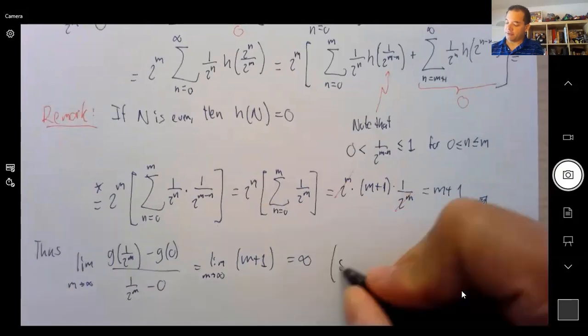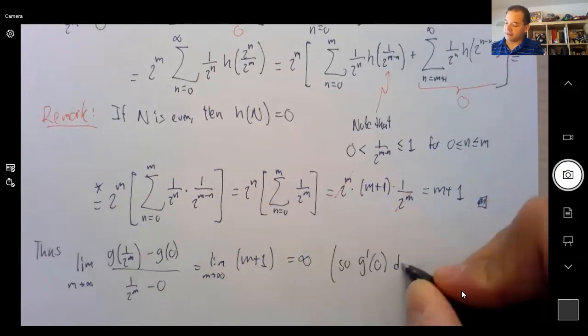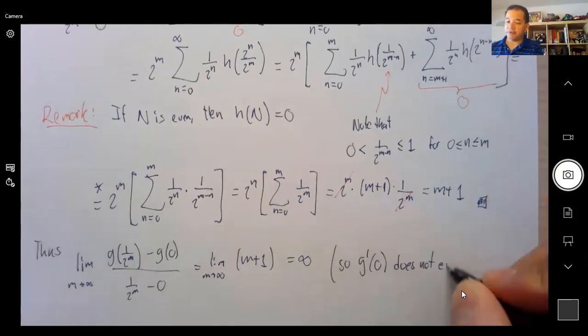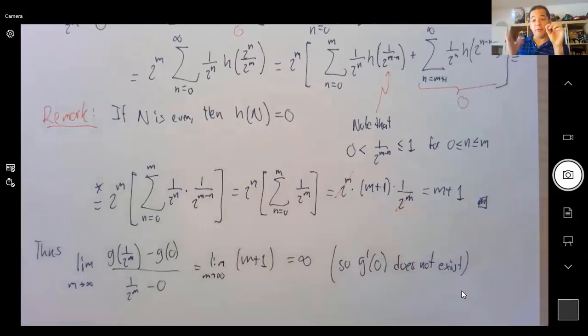So g prime of 0 does not exist. It also tells you more, right? It tells you that near that point, you have slopes that are becoming bigger and bigger, right? So the derivative fails to exist because we have a point where the slopes of the secant lines are becoming closer to infinity.